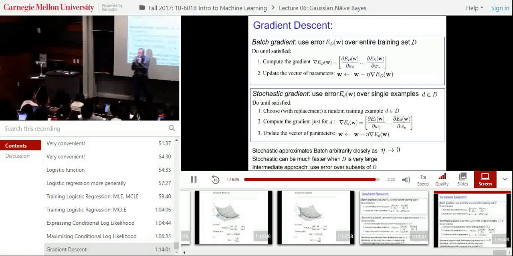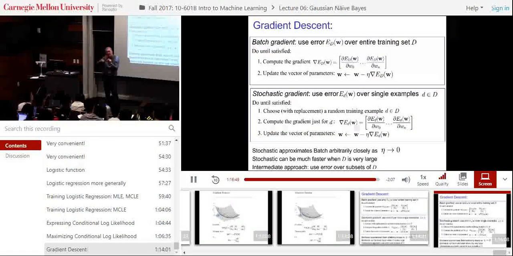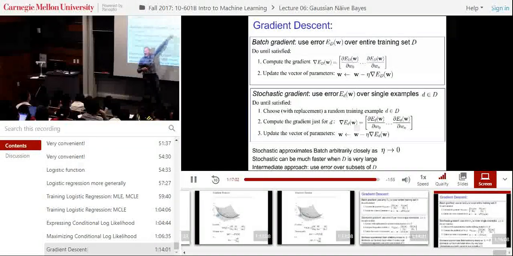Now each training example I look at only has a 1,000th of the effect that the whole batch gradient had. But if I sum up those 1,000 small steps, in expectation, going over all 1,000 distinct examples, then as this rate approaches 0, this becomes a better and better approximation to that gradient.